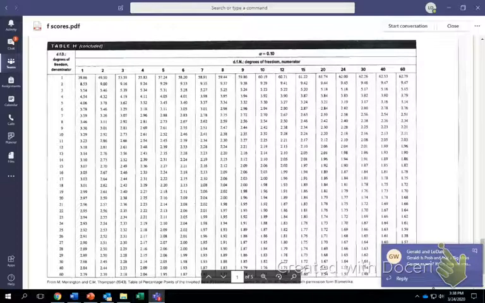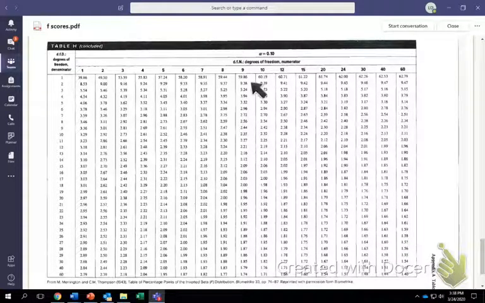We see that we have our alpha at the correct location, and we are going to find our degrees of freedom of the numerator, which is going to be 9. All right, 9, which is right here. And our degrees of freedom of the denominator is going to be 13, as we said before. So we're going to go down to, went too far, 13, which looks like it's going to be 2.16.